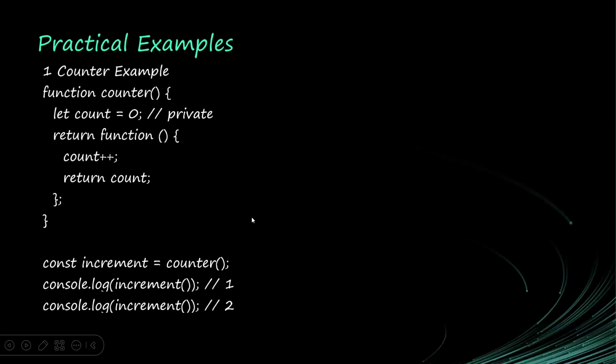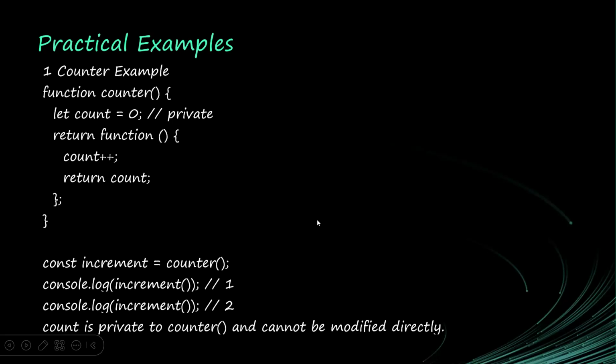If you call it again, the first time the count was 0, then it incremented, it became 1, it returned it. Second time, count was 1, it incremented, became 2, it returned it. If you call it again, count will be 2, it will increment it and return a 3.